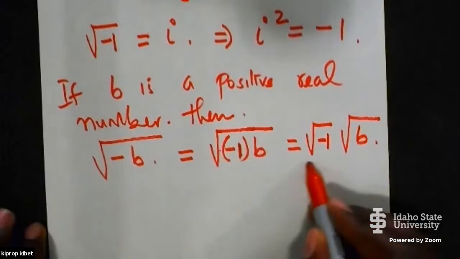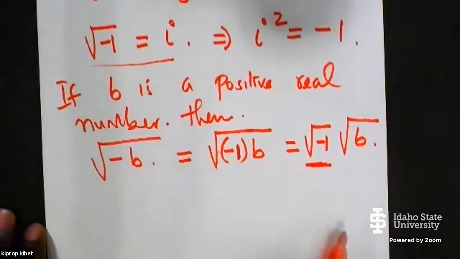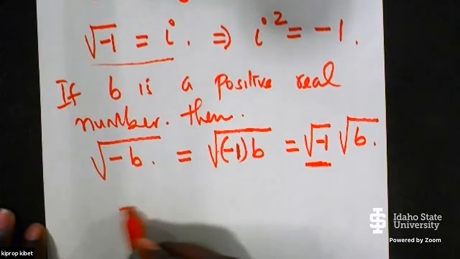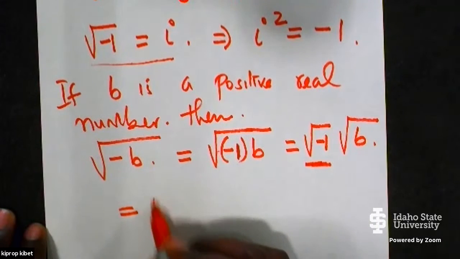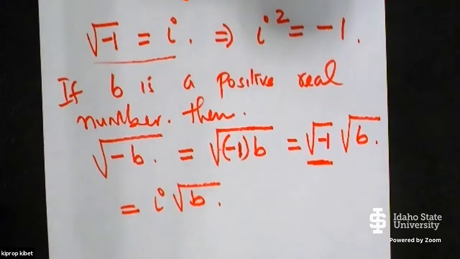Finally, because we know the square root of -1 is i, it is equal to i times the square root of b.